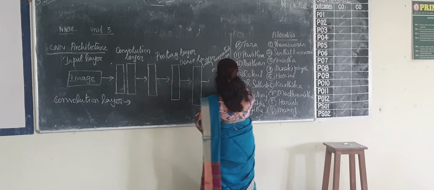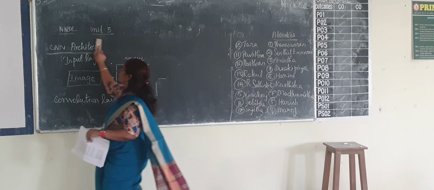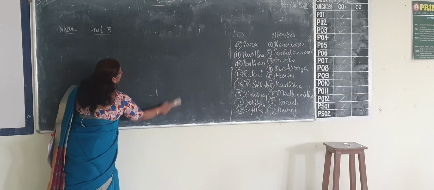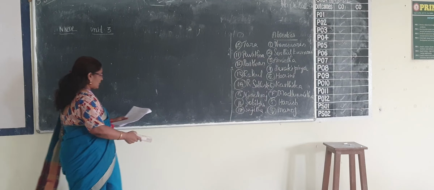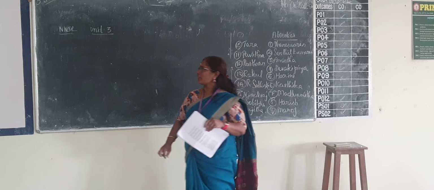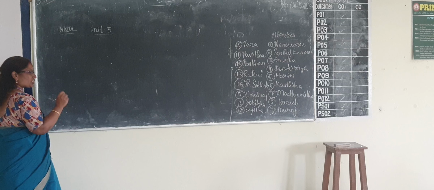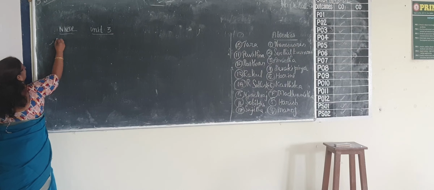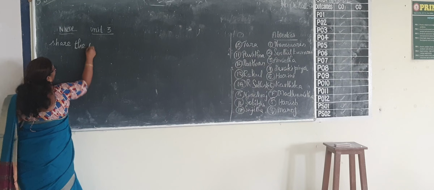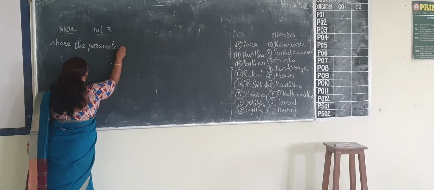Now let us see how the convolution network works, the CNN operation, with one simple image. One more point you need to remember here: CNN always shares the parameters. Sharing parameters is its property. What is sharing the parameters?